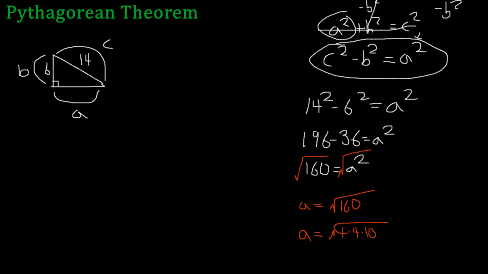Out of this, we actually get 2 times 2 root 10, because the 4's, which is 16 times 10, is 4 root 10. So we know that our a term is 4 multiplied by the square root of 10.